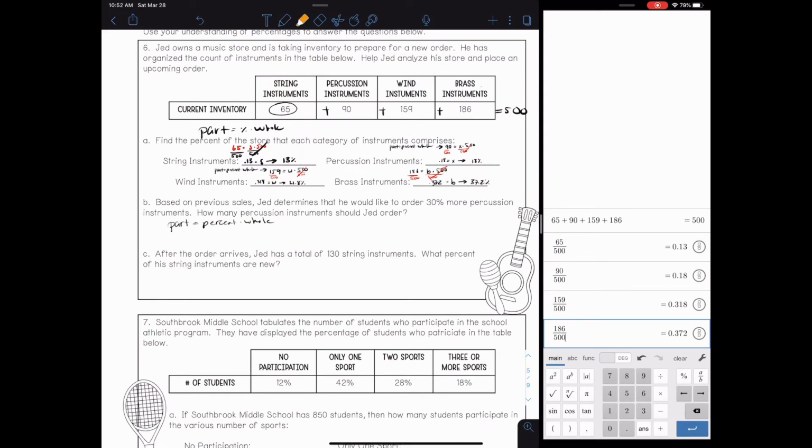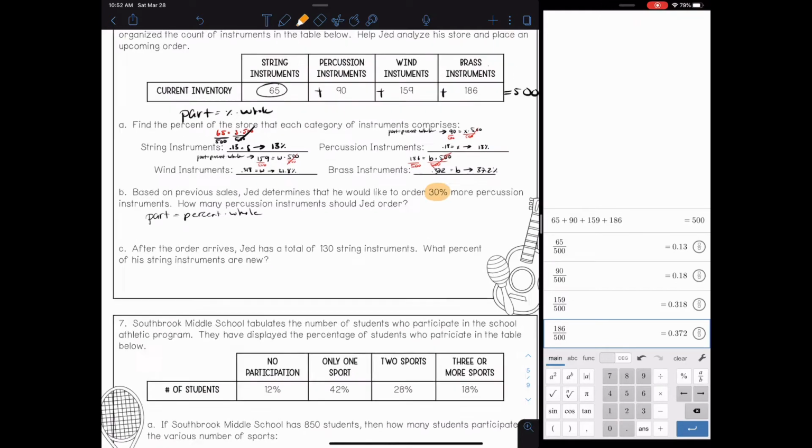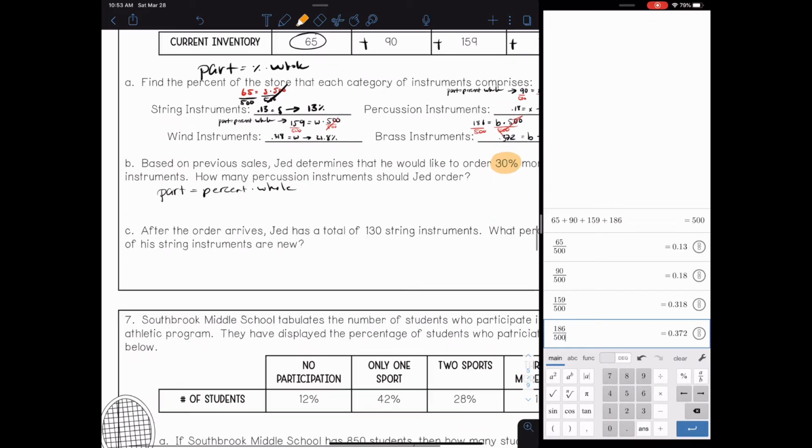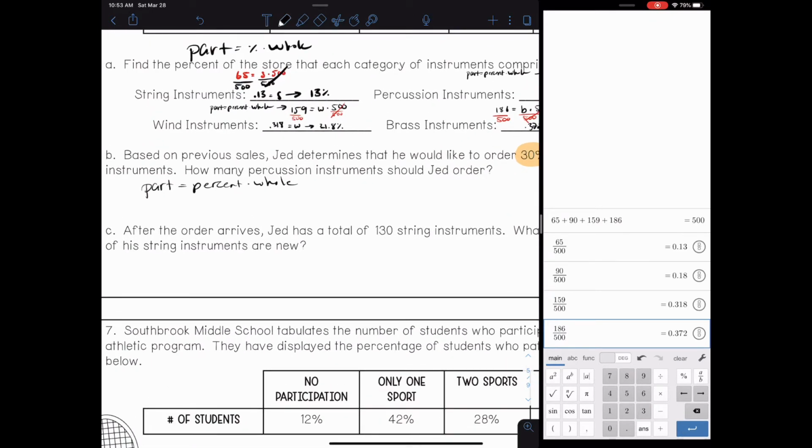So he wants to order 30% more of the percussion instruments. He was originally going to order 100% of his items. Now he wants to order 30% more. So I'm going to have 100% plus 30%. This is 130%.